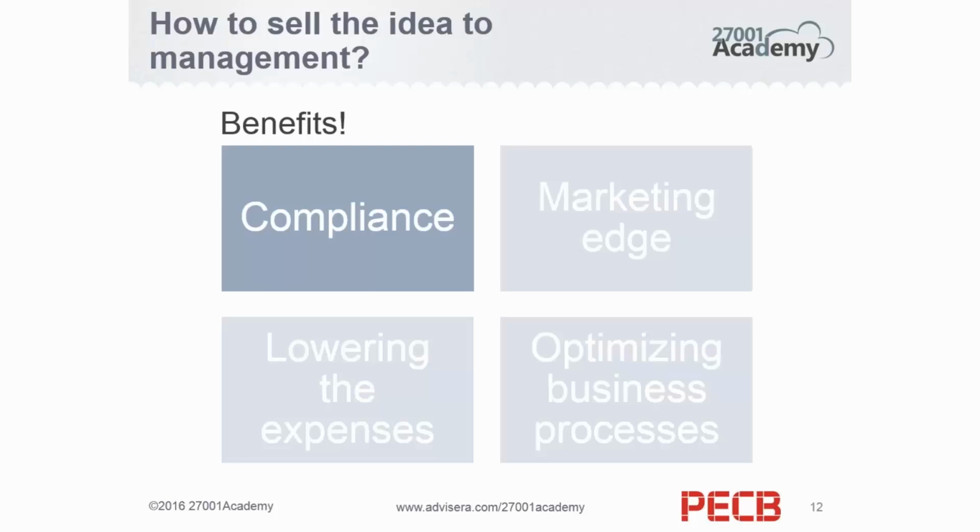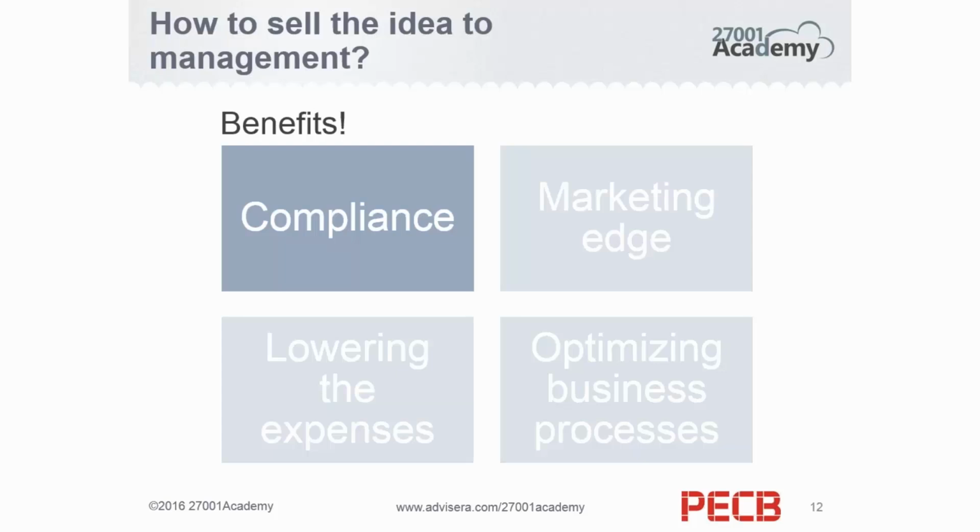From my point of view, there are 4 main business benefits that you can present them. The first one is compliance. Someone of you has mentioned that there are some laws that require you to implement ISO 27001. If there is a law which requires you to implement ISO 27001, then you have an easy job, because this is required by the law. But you could also have situations where there are laws which are similar to ISO 27001, and this is much more common.